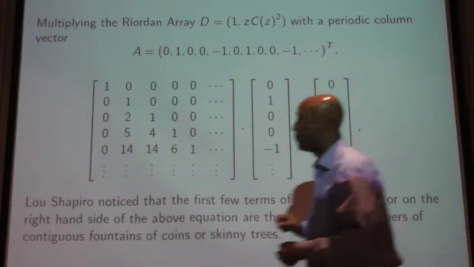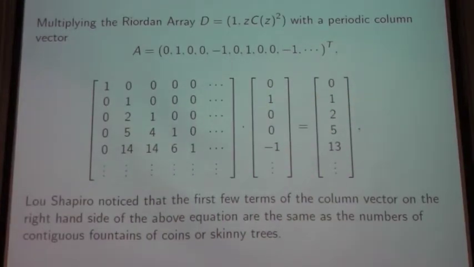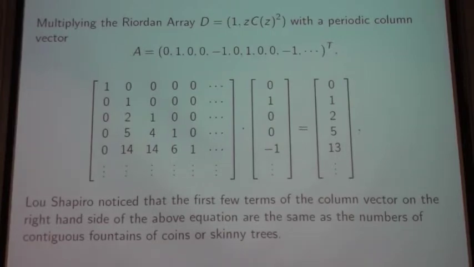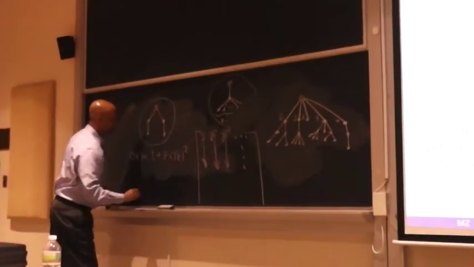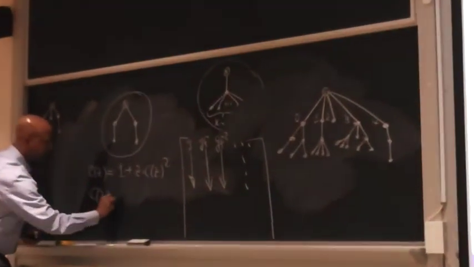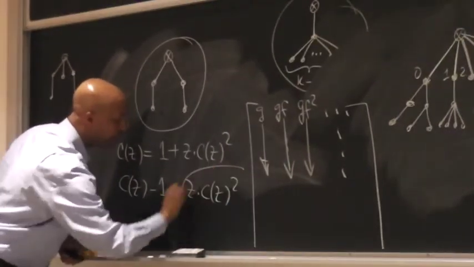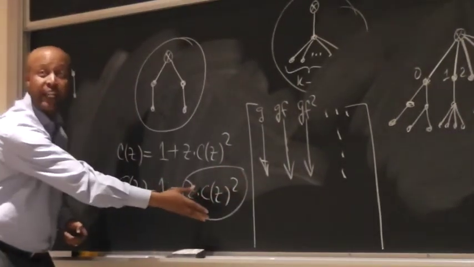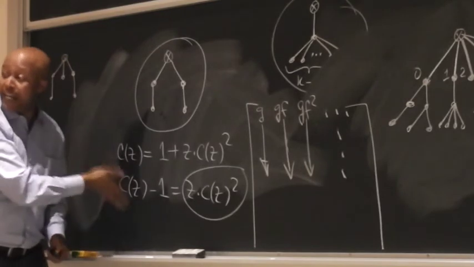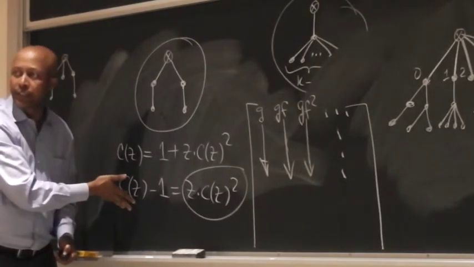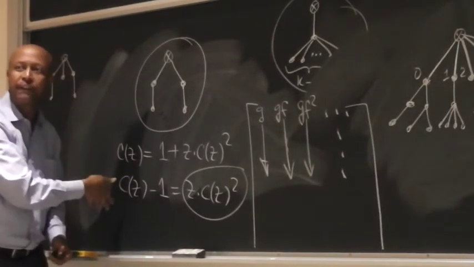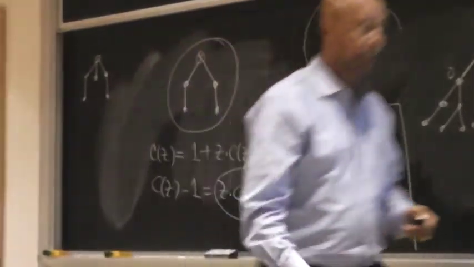And also, you probably know that the Catalan generating function satisfies a simple functional equation, and therefore C of Z minus 1 is equal to Z times C of Z squared. So this really is a generating function for non-empty ordered trees, where you remove the first case from your Catalan sequence and so on.